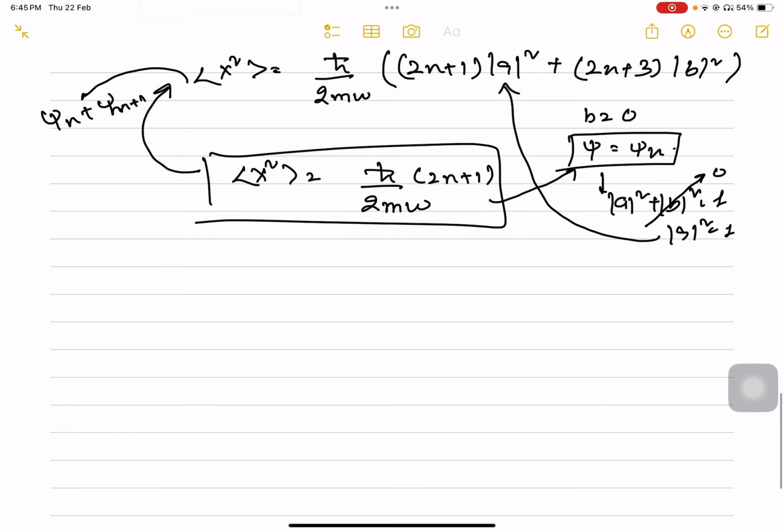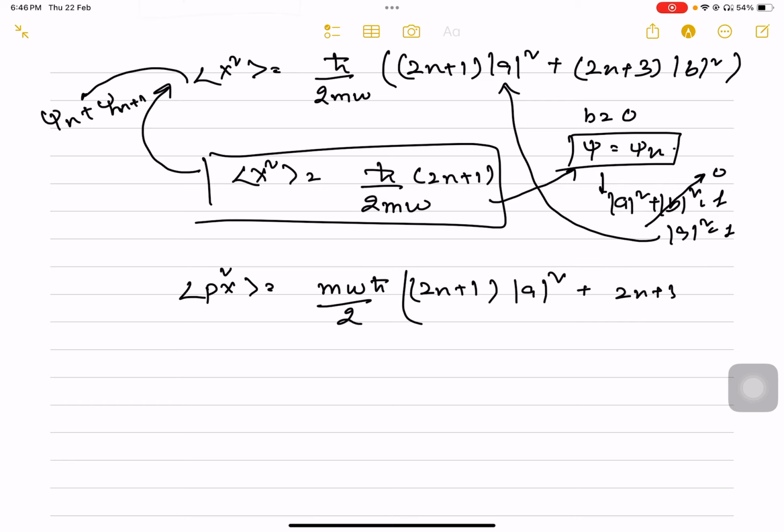Now, what about the average of px square? The same thing: m omega h cut by 2, and the whole thing remains the same, 2n plus 1 mod of a square plus 2n plus 3 mod of b square.